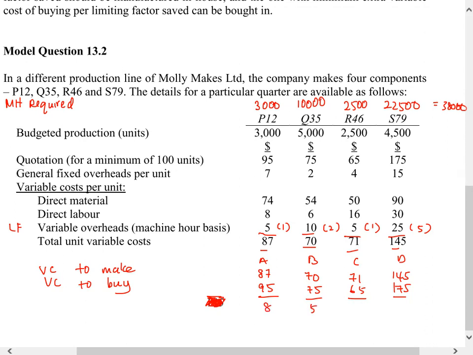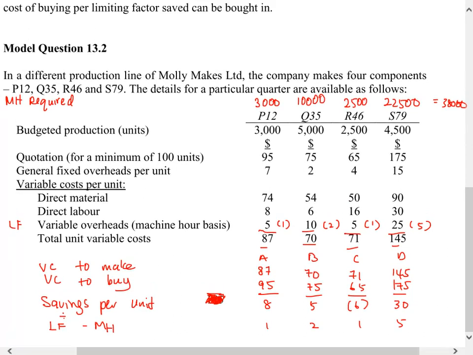Savings per unit, then buy. Savings per machine hour, or savings per limiting factor. $8.250 per machine hour.